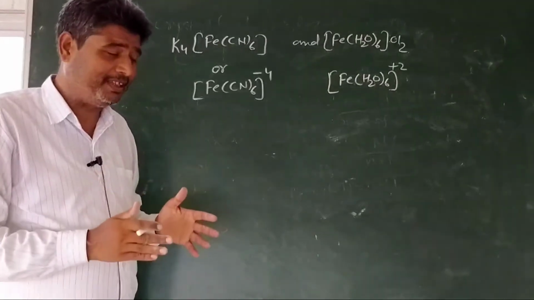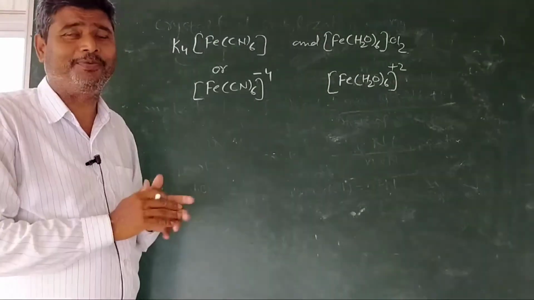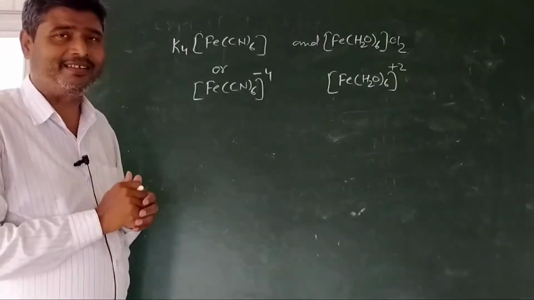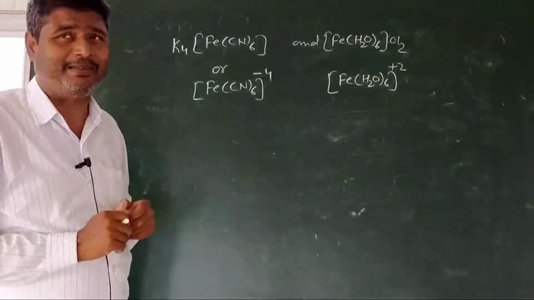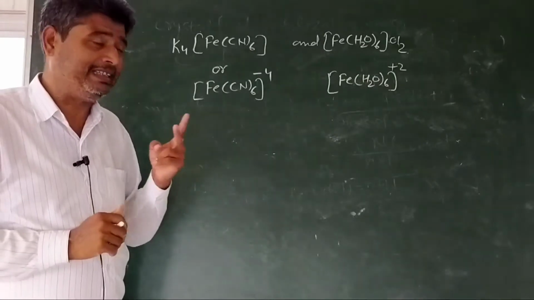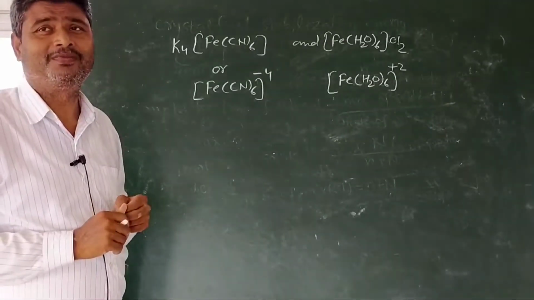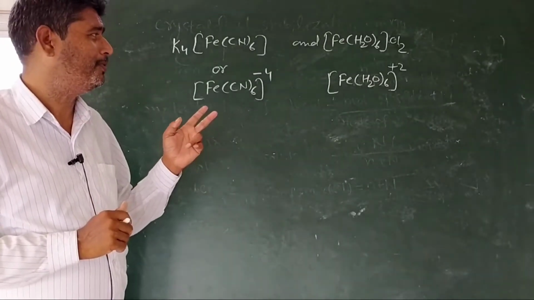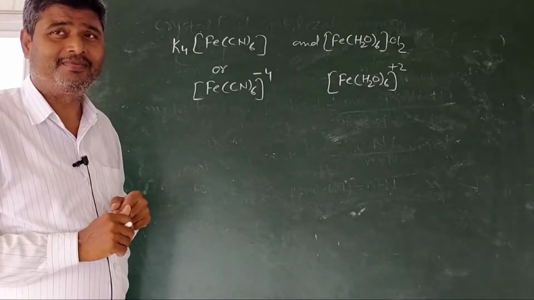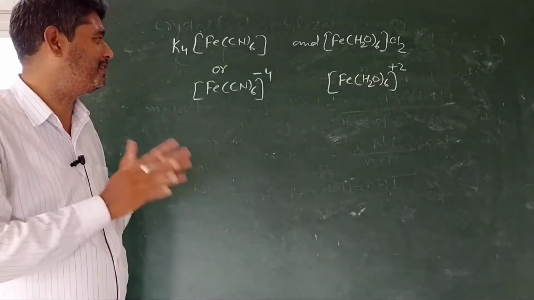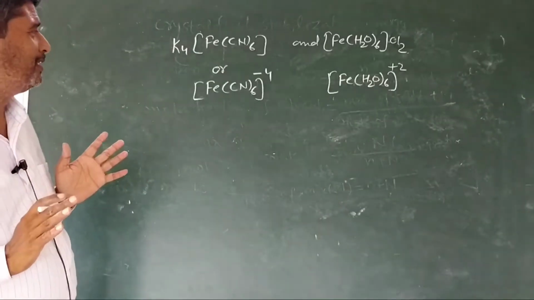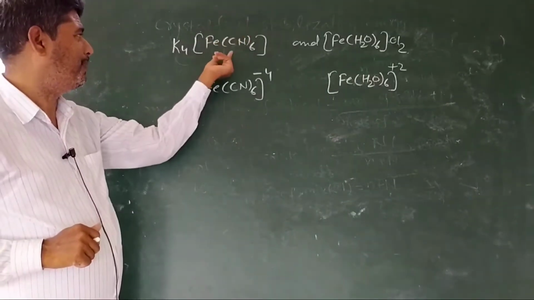The system is attached to the number of electrons present in the d orbital. So for these two, we have to note the oxidation state and the coordination number.